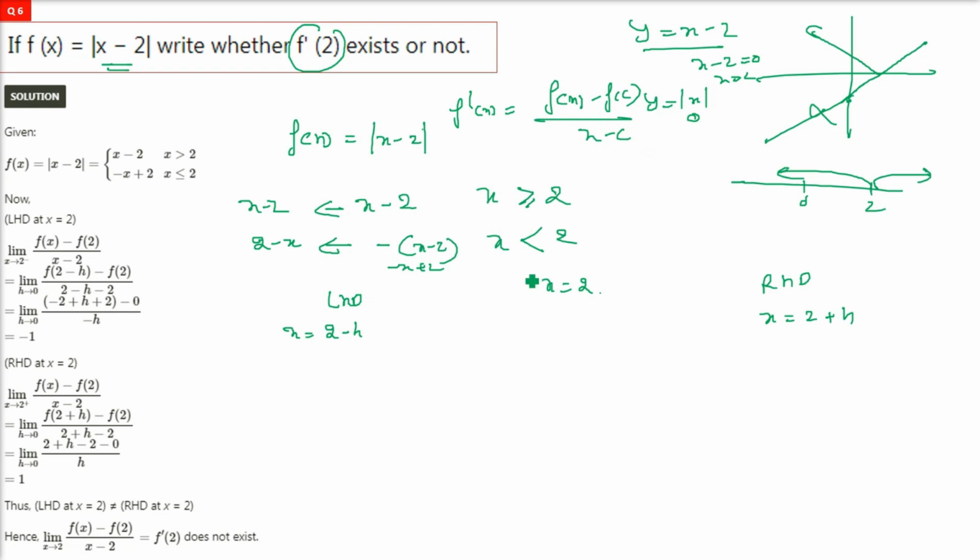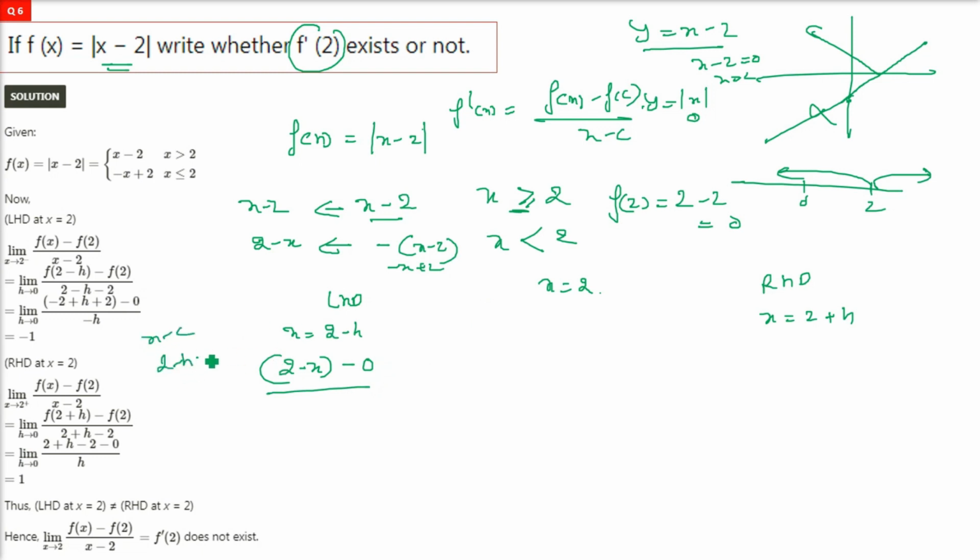When you go on the left, you use the function for x less than 2, so it will be 2 minus x here. And what will be the value of f(2)? When you put 2 in x minus 2, it will be 2 minus 2, that is 0. So f(2) is 0, divided by x minus 2.